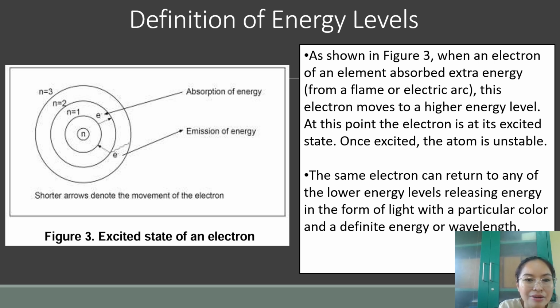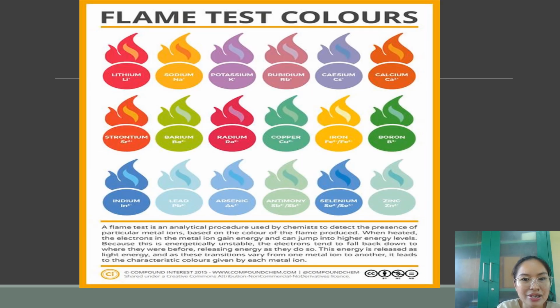Now, if the electron releases or emits energy, it will jump down or return to any of the lower energy levels. One way to tell that the electron has released energy is in the form of light, like the release of flame. And then we have here the flame test colors.